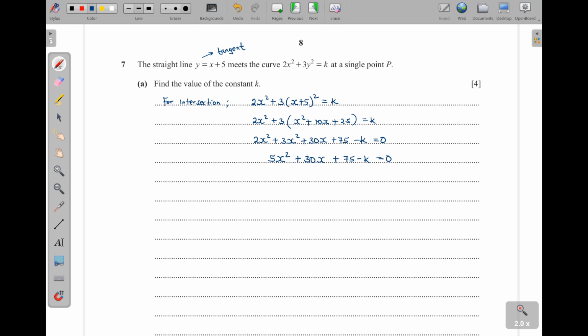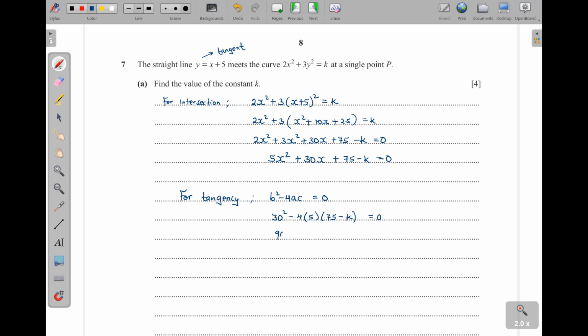Now, since this line meets this curve at only one point, so for tangency, we know that b squared minus 4ac is equal to 0. So our b is 30, so squared minus 4. Our a is 5, our c is 75 minus k. So we equate to 0.